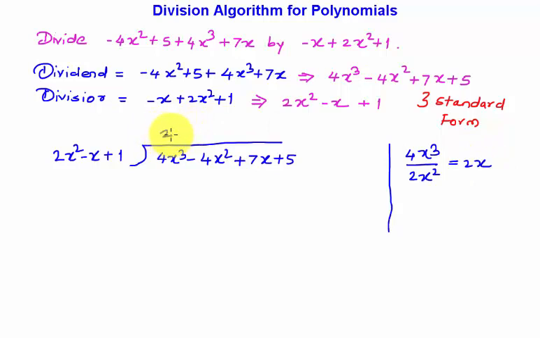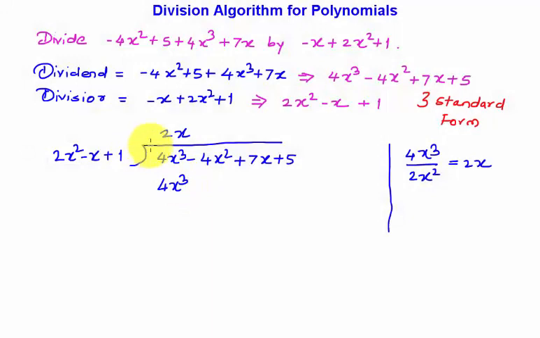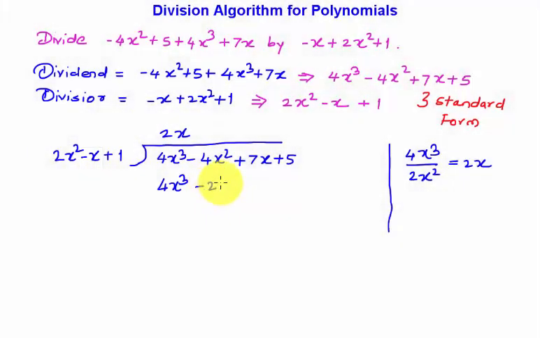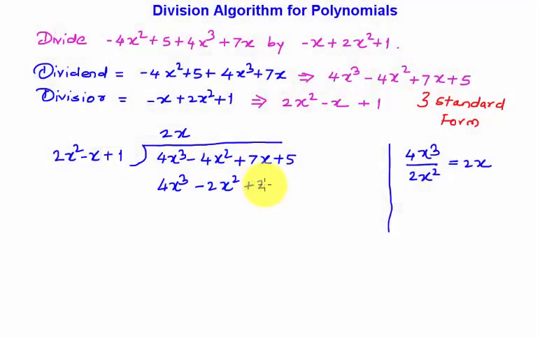Now let's take this term 2x and multiply the divisor by 2x. So 2x into 2x square will give us 4x cube. Then 2x into minus x will give us minus 2x square, and 2x into 1 will give us 2x.